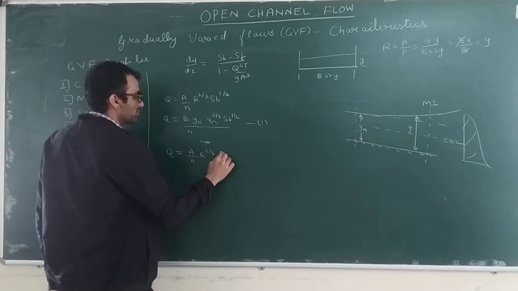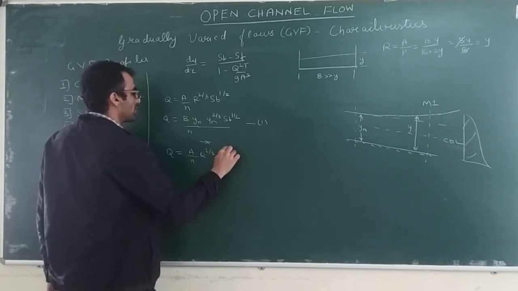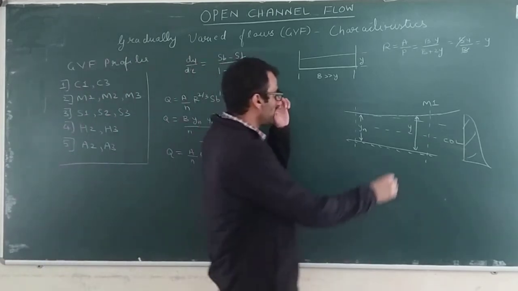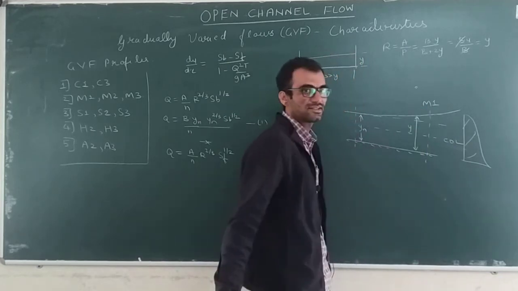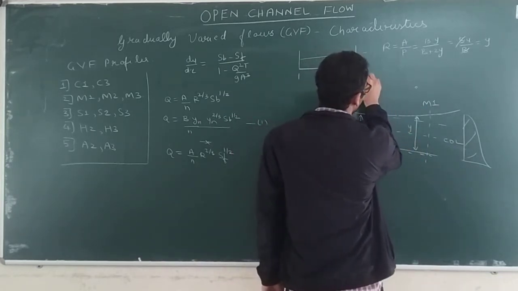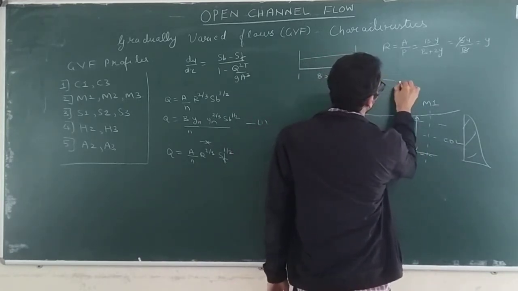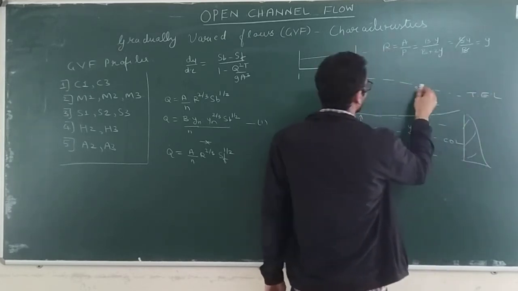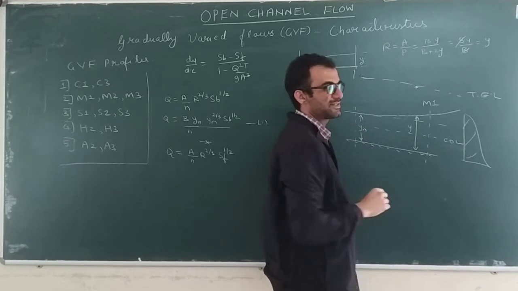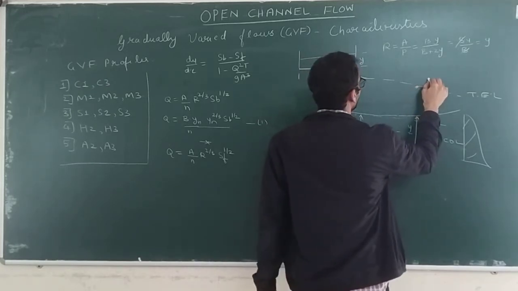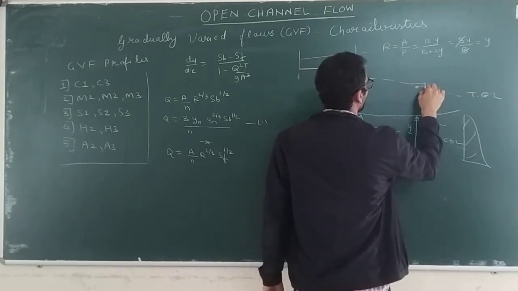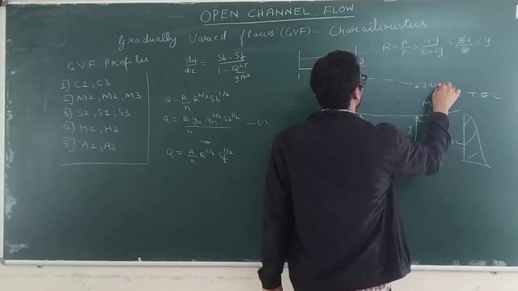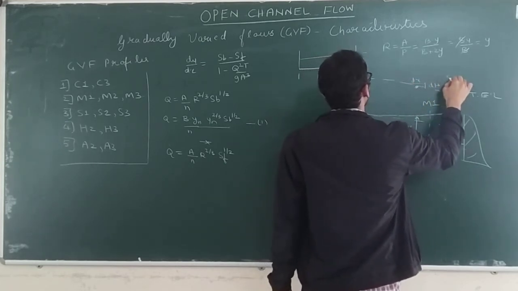But here you cannot use SB, you will have to use SF to the power half, because at this point, whatever is the slope of the energy line, that you will have to take. The energy line is changing like this. This is the total energy line, and the slope of that line, dH by dx, is SF.